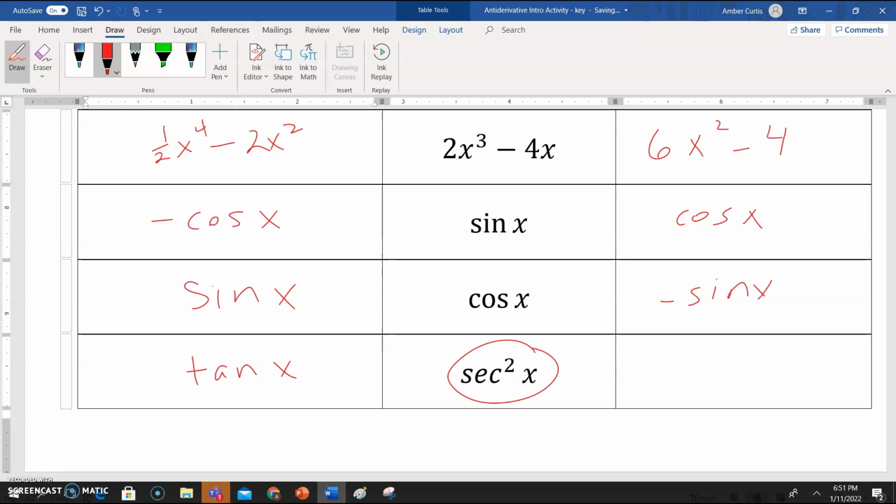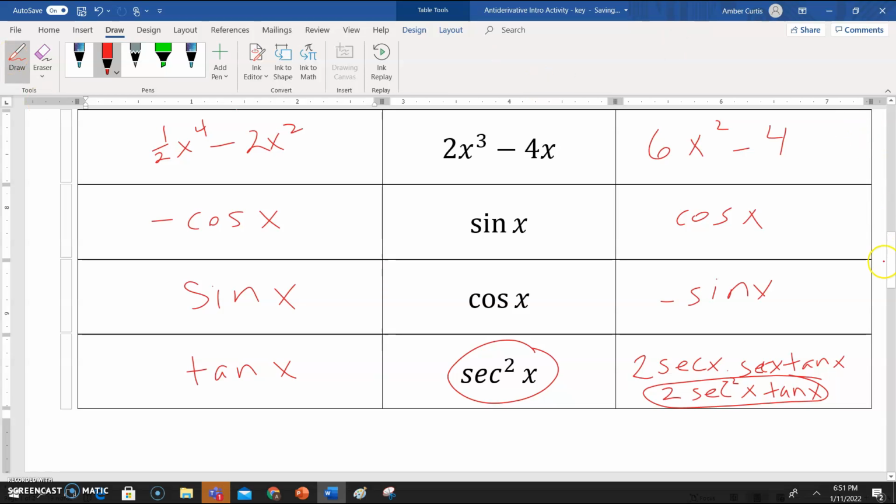And then for secant squared x, to take the derivative, we're going to apply the chain rule. So we get outside function is squared, so we get 2 secant x. And then the derivative of our inside function, which is secant x tangent x. So this becomes 2 secant squared x tangent x, and that will be our derivative there.